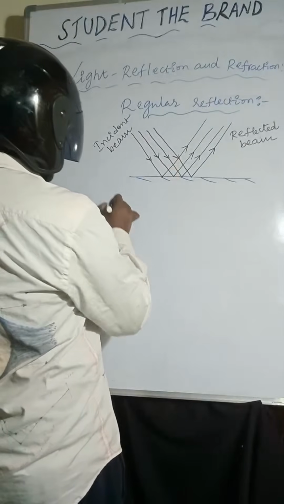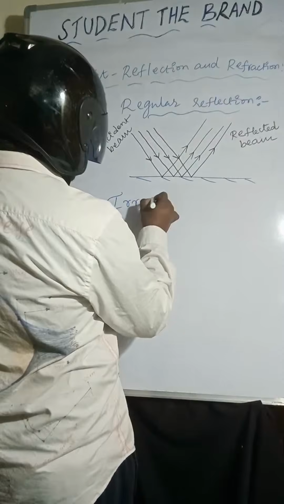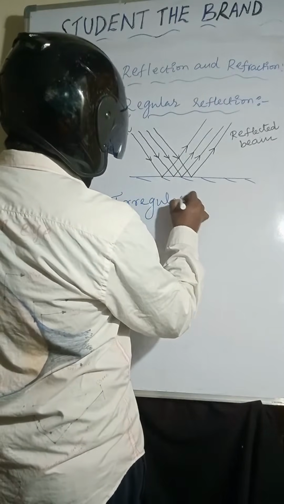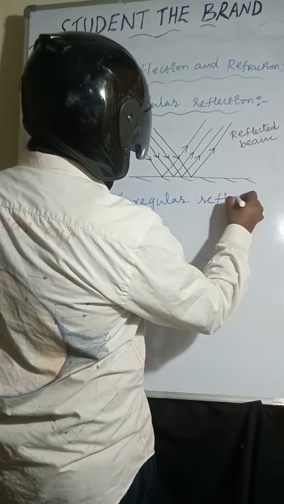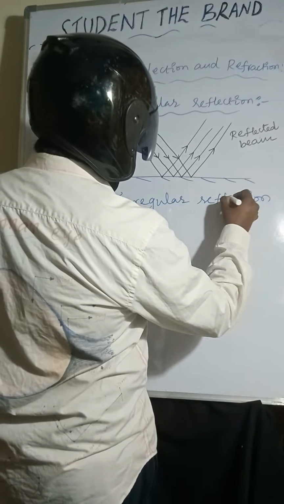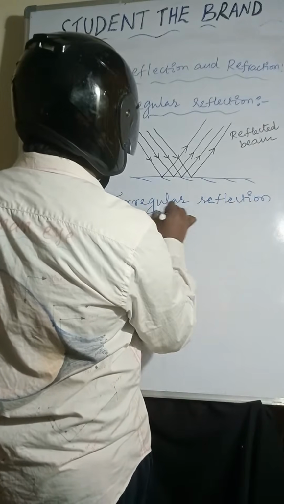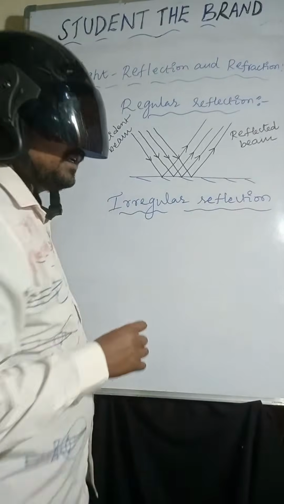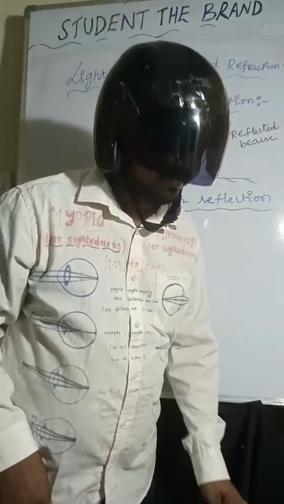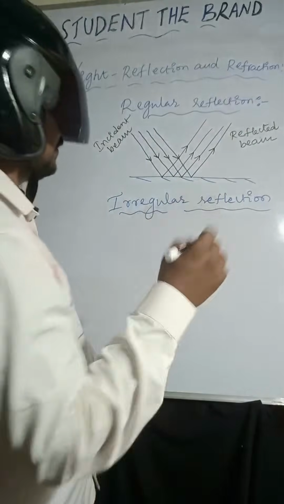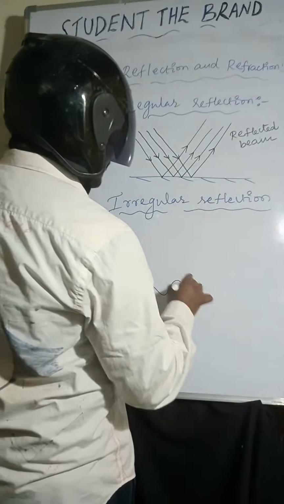Coming to irregular reflection. Irregular reflection takes place on a rough surface. So I'm taking the surface like this.